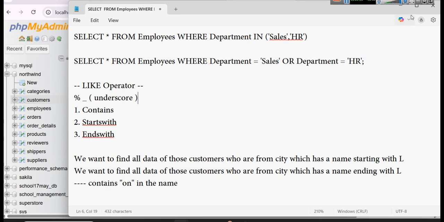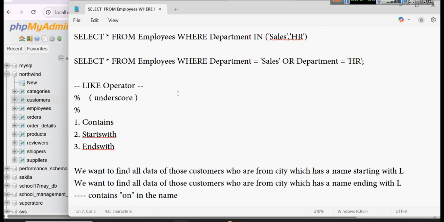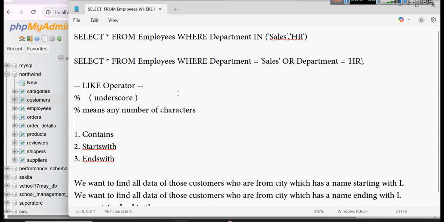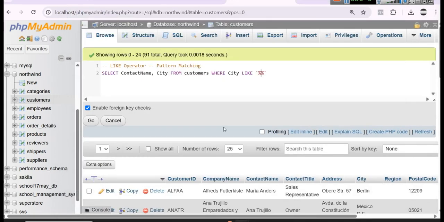Now what is the usage of this? Percentage means any number of characters, and underscore means only one character. So percentage means any number of characters and underscore means only one character.